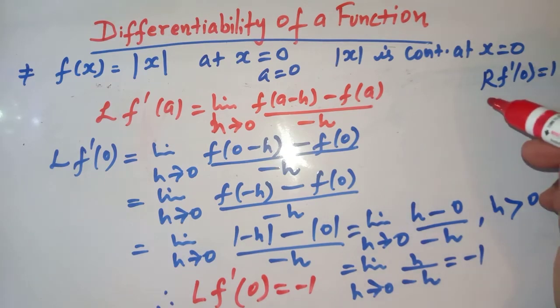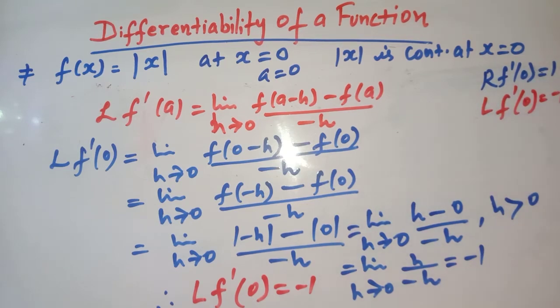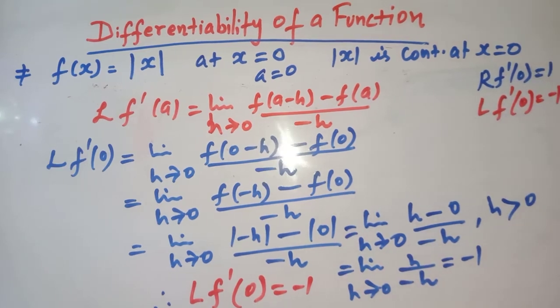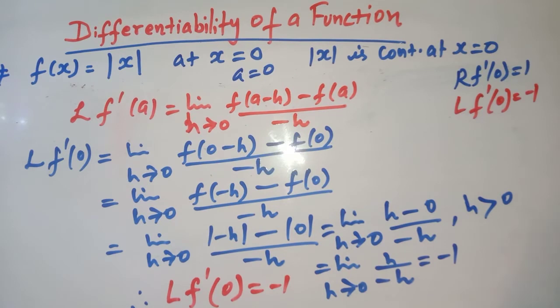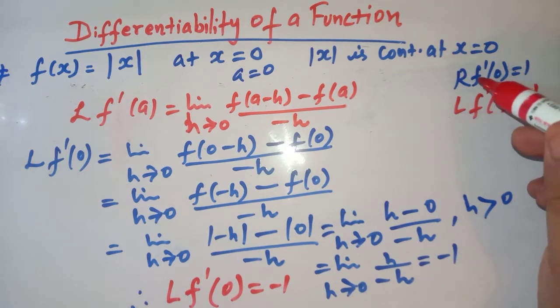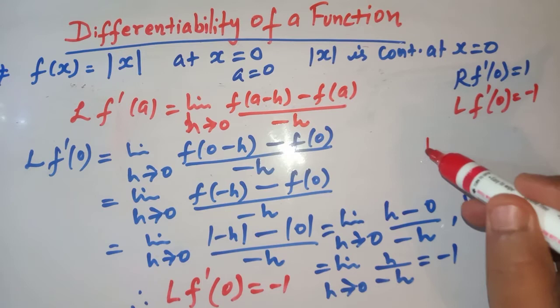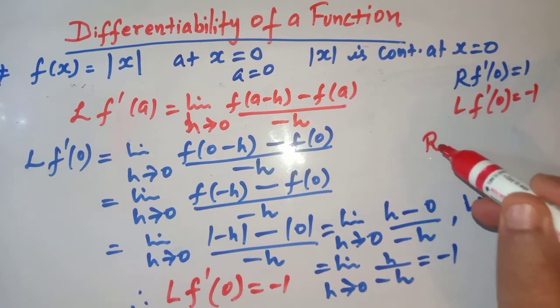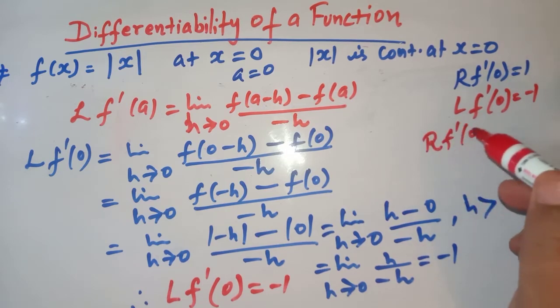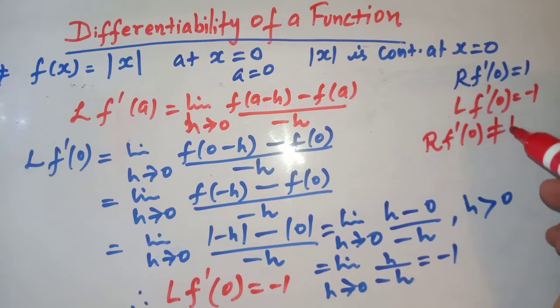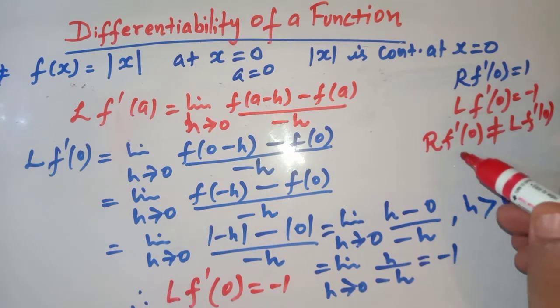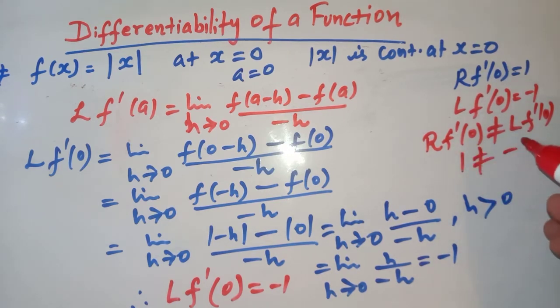So we have seen that the value of the left hand derivative f prime of 0 is minus 1, and here we clearly see that the right hand derivative is not equal to the left hand derivative. Clear? So 1 is not equal to minus 1.